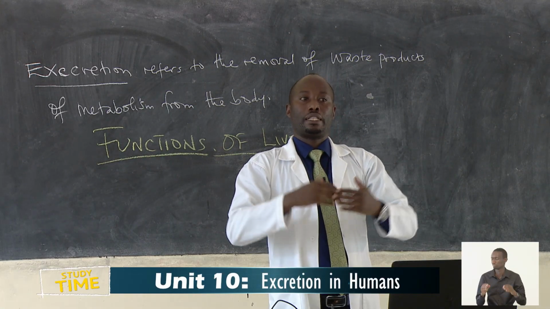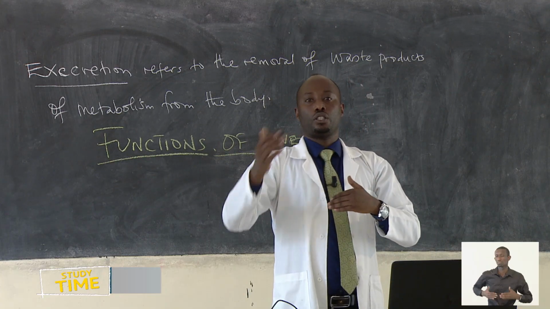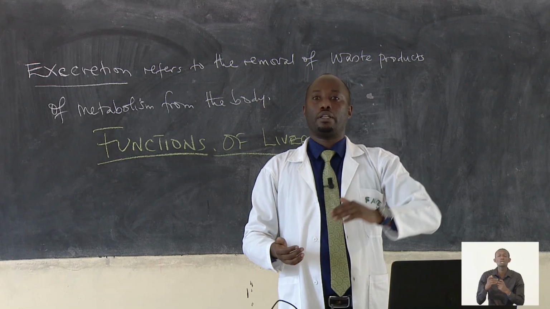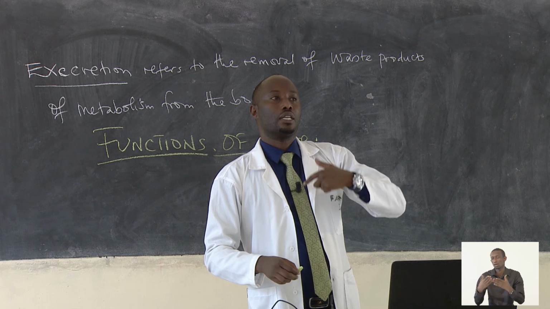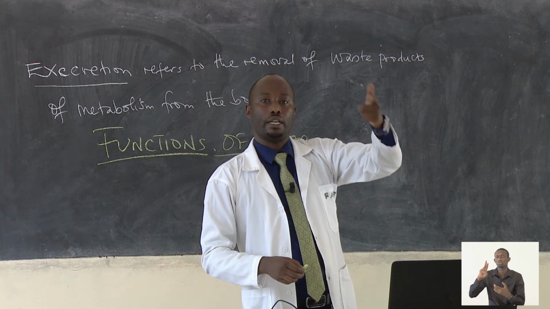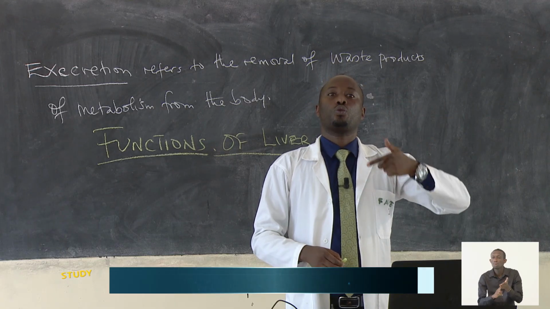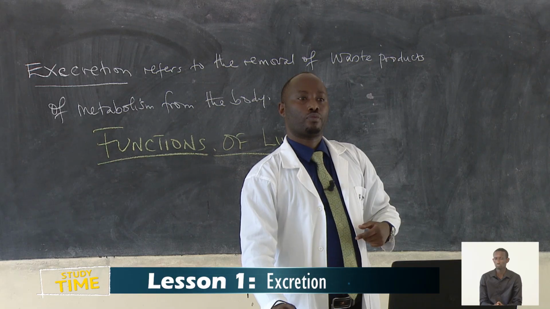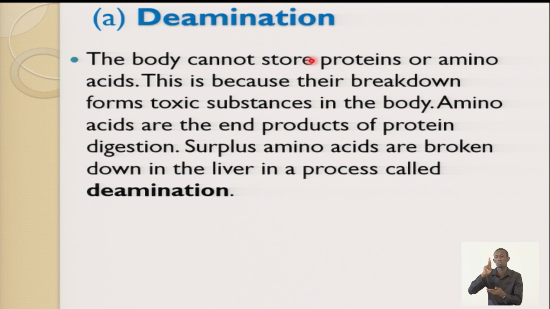But the liver does the function of breaking it down, and after breaking it down, it is released in the form of urea and glycogen. The glycogen is going to be stored in the liver and used as a source of energy. So the body cannot store excessive proteins or amino acids.